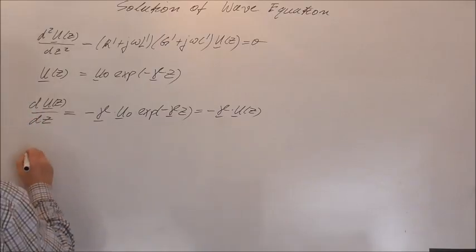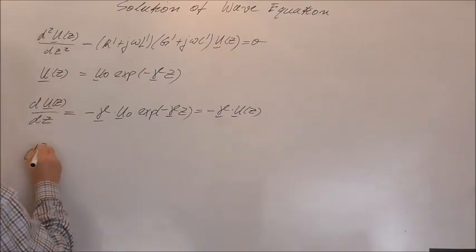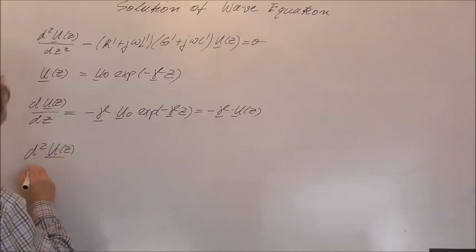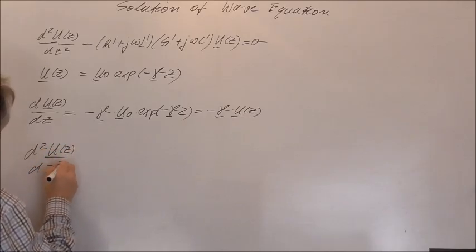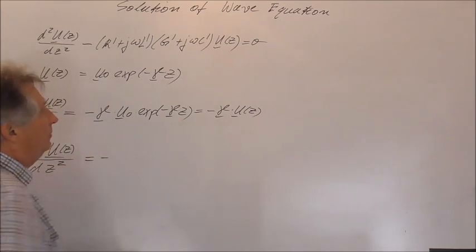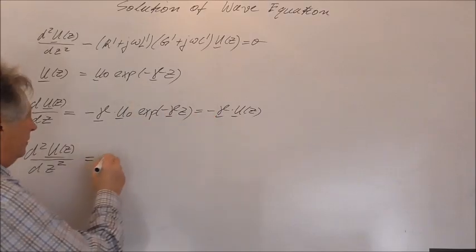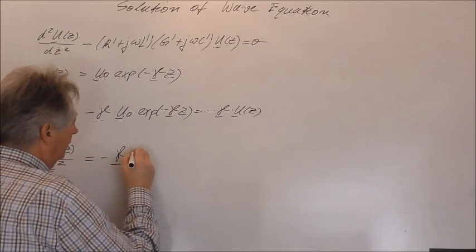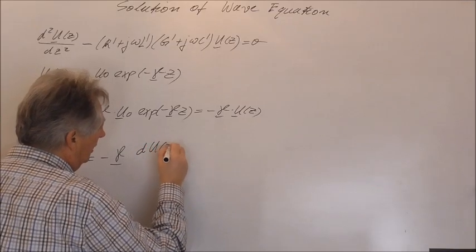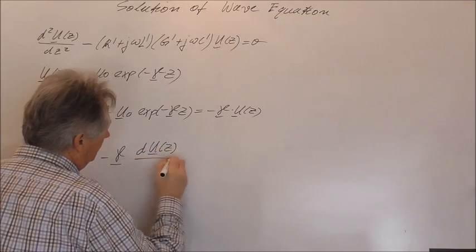So if I do the second derivation, z square, then of course you see this is minus gamma. Of course we assume gamma is a constant. And we again have to derive the function u of z with respect to z.